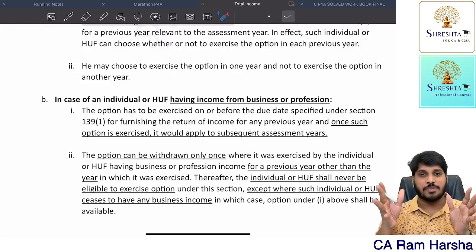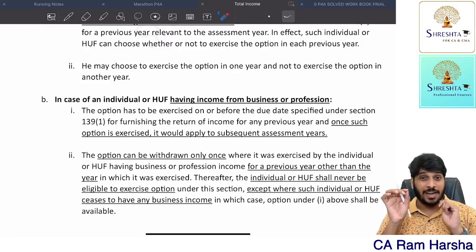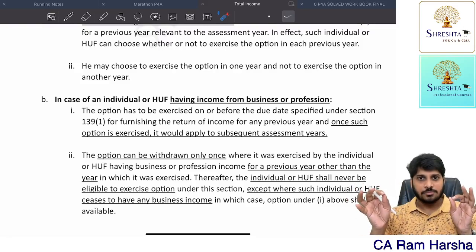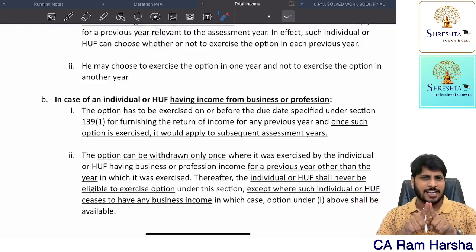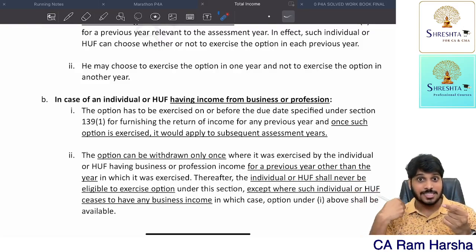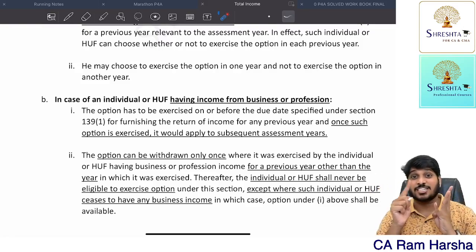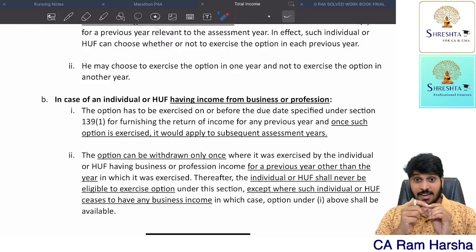Under 115 BAC, you have an option to pay tax at concessional slab rates. Whatever total income you computed regularly, add back all these deductions. Under salaries: leave encashment, HRA, 10(14) special allowances, and section 16 deductions you cannot claim, so add back all that. Under house property, add back the self-occupied related interest amount.